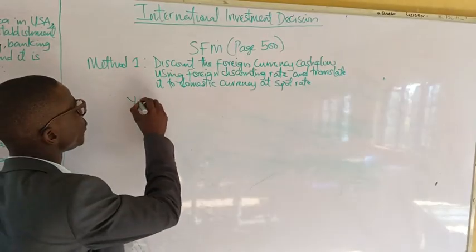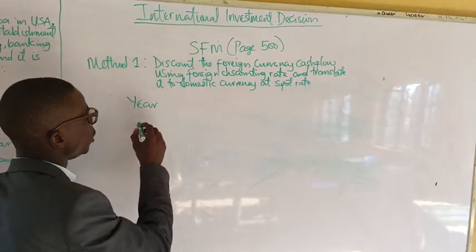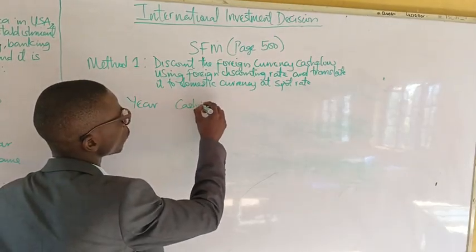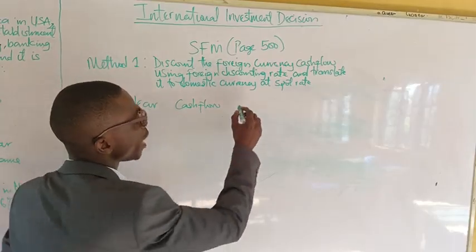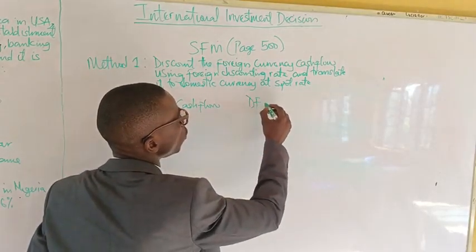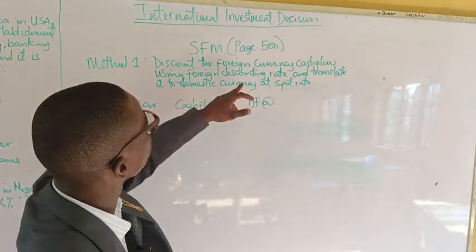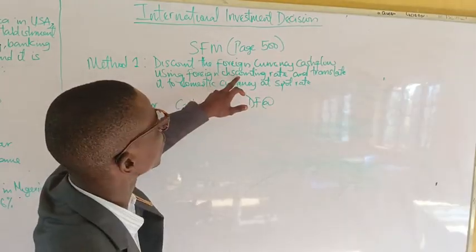So here we have the cash flow. Are we together? We have the discounting factor. Now, what discounting factor did they say we should use? The foreign discounting rate.